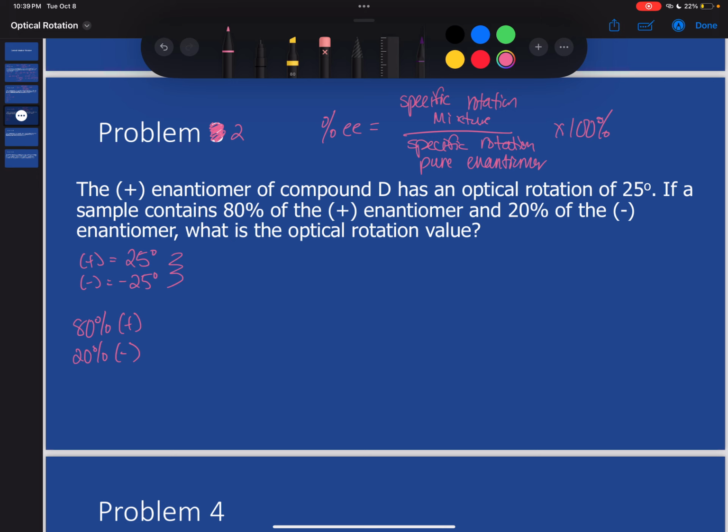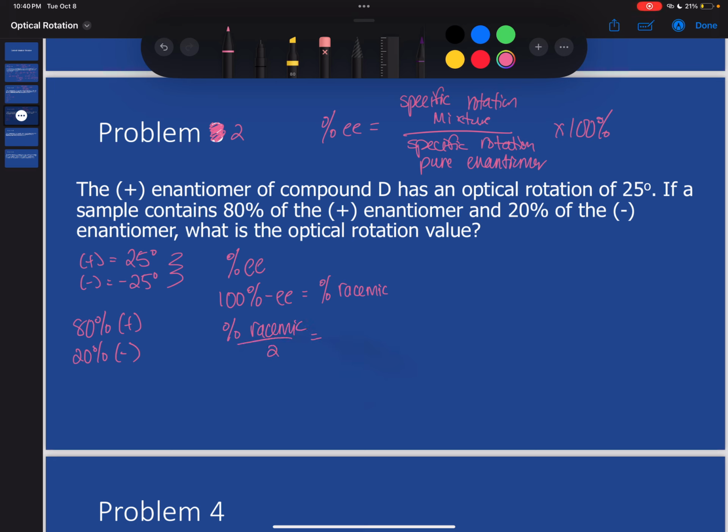All right, so I got to work backwards. I was given my composition, and I should be able to use what we did before to determine this. So I'm going to walk through the path we normally go, which is we would calculate the percent excess that we have. Once we find that percent excess, we usually take that value and subtract it from 100%. And that usually tells us what percentage is racemic. All right, so we did that in video 1. And then we would take that percent racemic and we would normally divide that by 2.